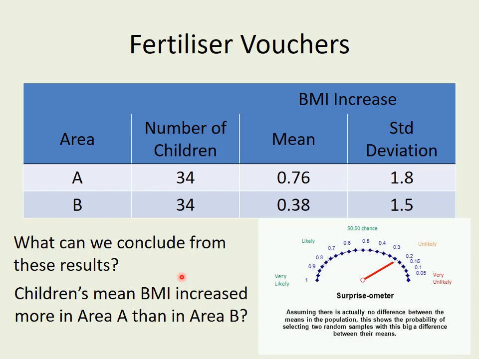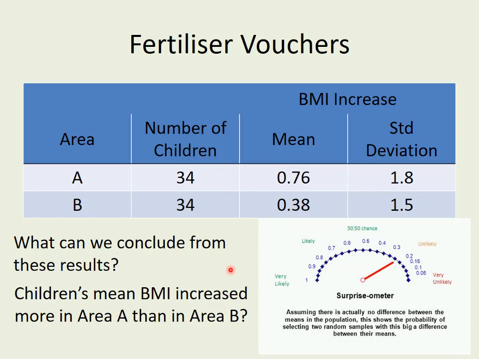As for the other question here, does this show that the fertilizers caused this increase in BMI of the children, even in the sample? And of course, we can't conclude that.